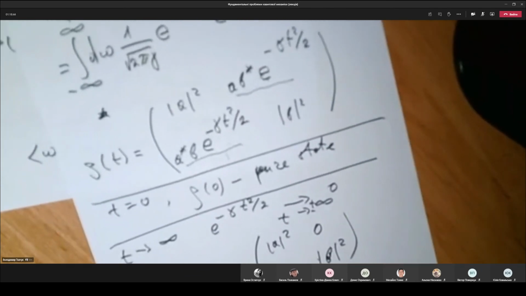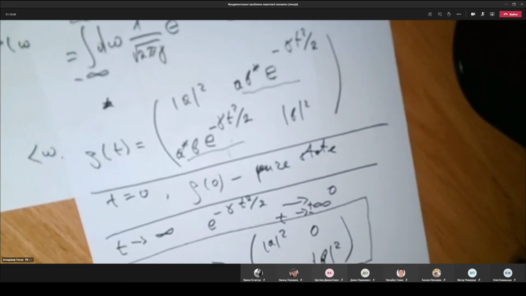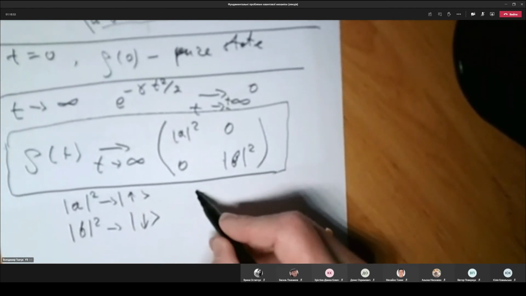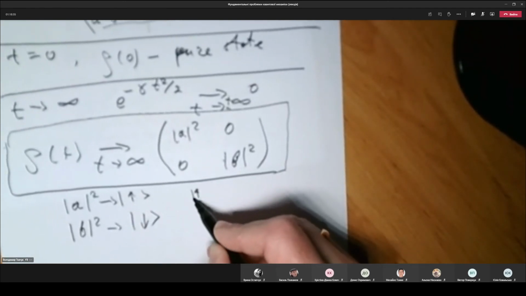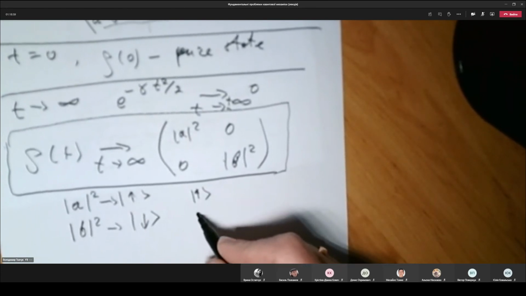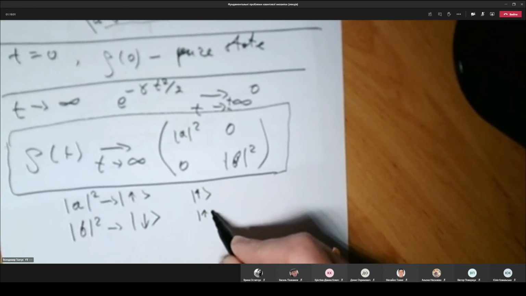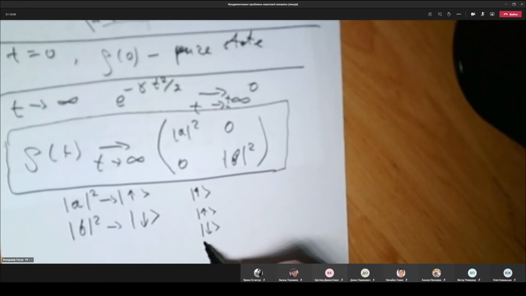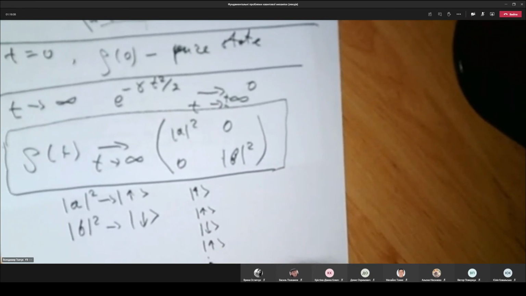In this mixed state described by this matrix, the situation is as follows. For instance, the first spin can be in state arrow up. The second, once more, can be in state arrow up. The next spin may be in state arrow down. The next may be arrow up, and so on.